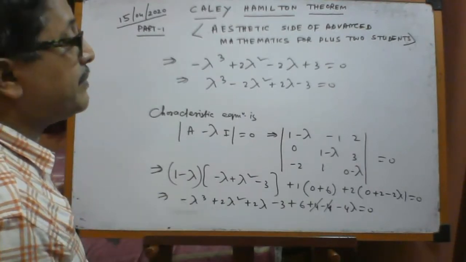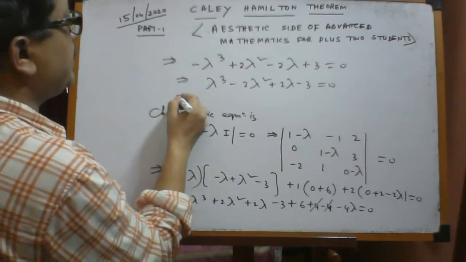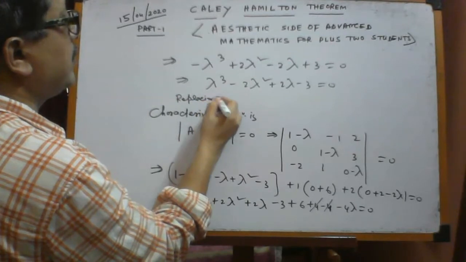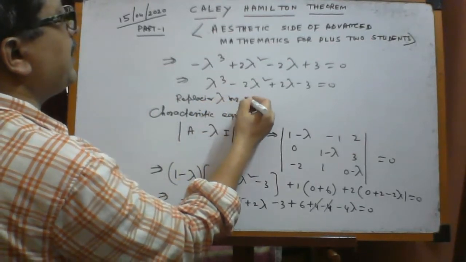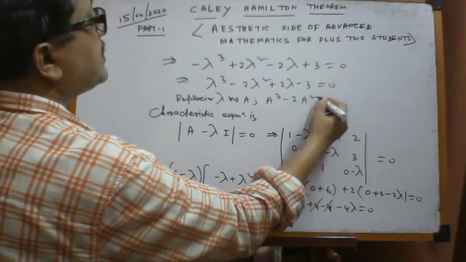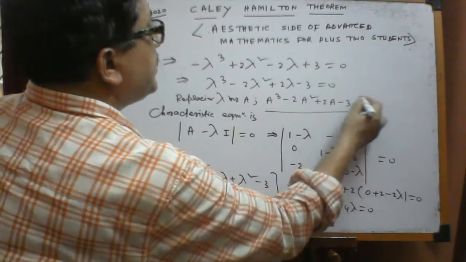Now the given square matrix will satisfy this equation. So replacing lambda by A, we have A cube minus 2A square plus 2A minus 3 equal to 0.